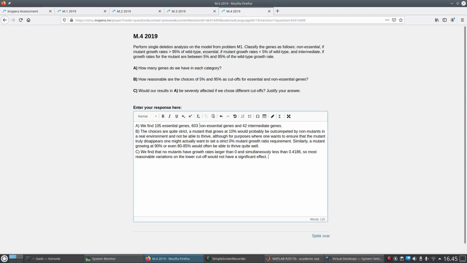So if we compare to 603, for the upper cutoff, distinguishing non-essential from intermediate, we find that even a substantial change in the threshold to 0.8 would only lead to I think 7 more genes, for a total of 610 being labeled non-essential. And by and large, I would say that this is a pretty minor effect.